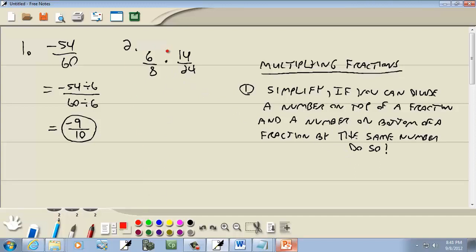Now they can be in the same fraction or they can be in different fractions.